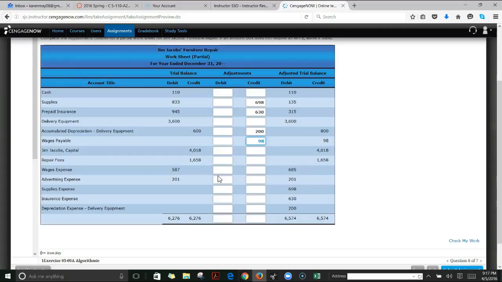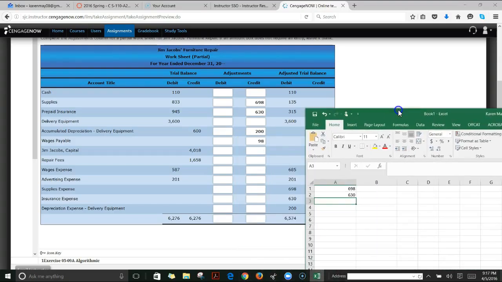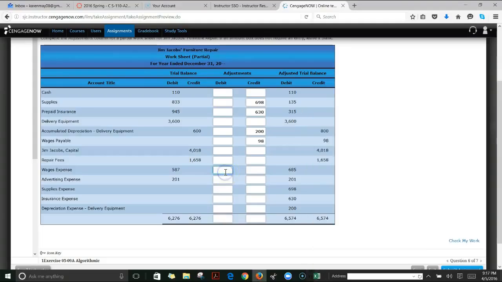And then we get to our wages expense. We had a 587 debit, and now we have 685 debit. So how much did we add to it? We could subtract that to find out. 685 minus the 587, and so it was $98 that we added to it. 587 plus 98 equals 685. 201 for advertising, no adjustment there.